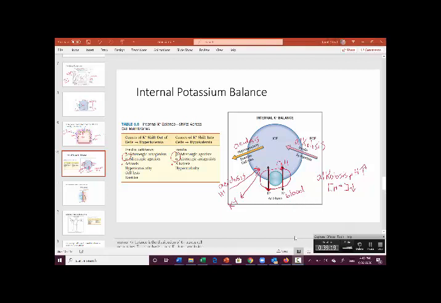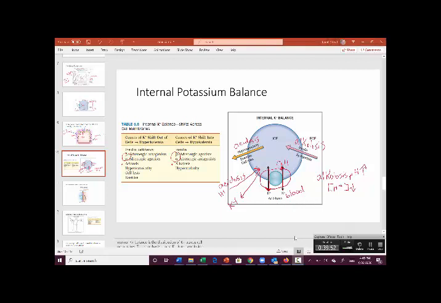For example, if the ECF is more concentrated, has a higher osmolarity, water will flow from the intracellular fluid out of the cell to the extracellular fluid due to the osmotic gradient. As water leaves the cells, the intracellular potassium concentration increases, which then drives the diffusion of potassium from the ICF to the ECF. And you can reverse this for hypoosmolarity.